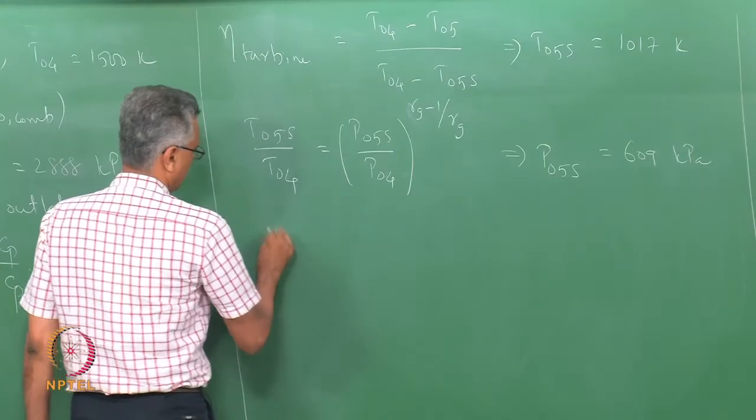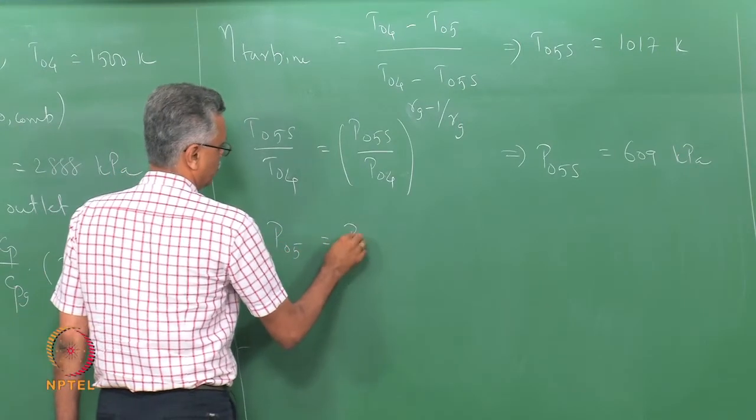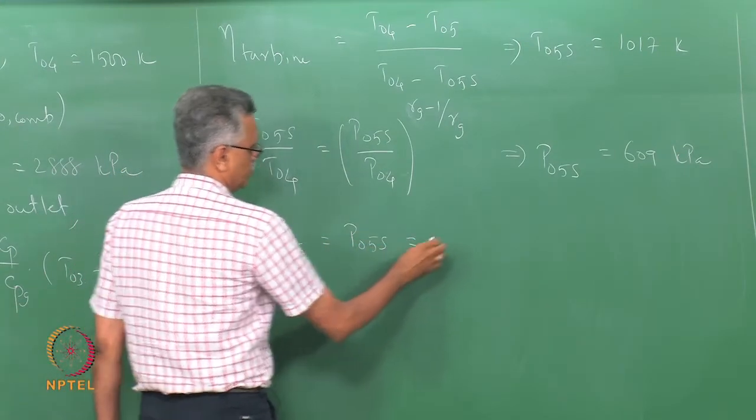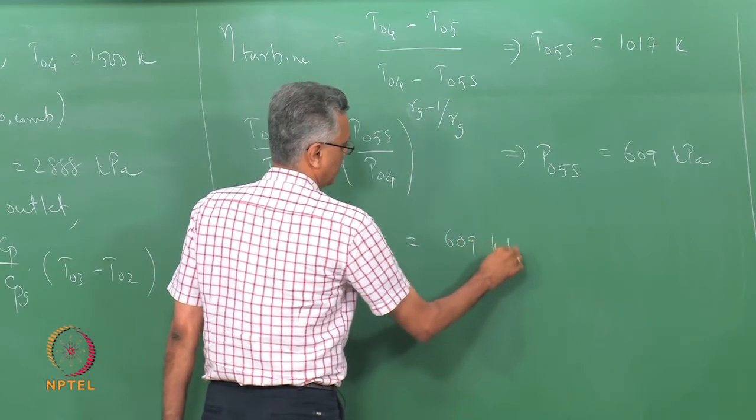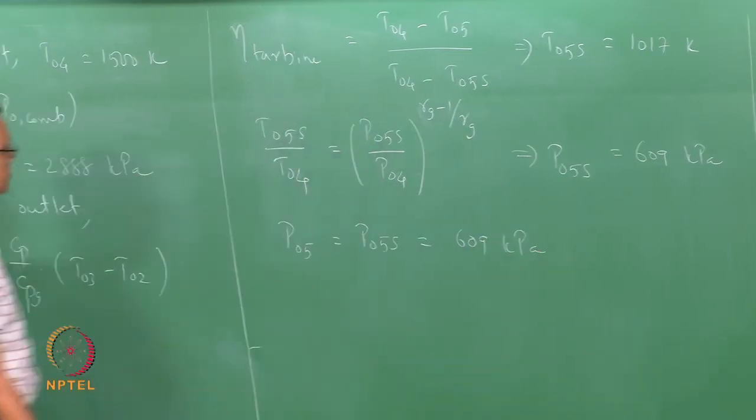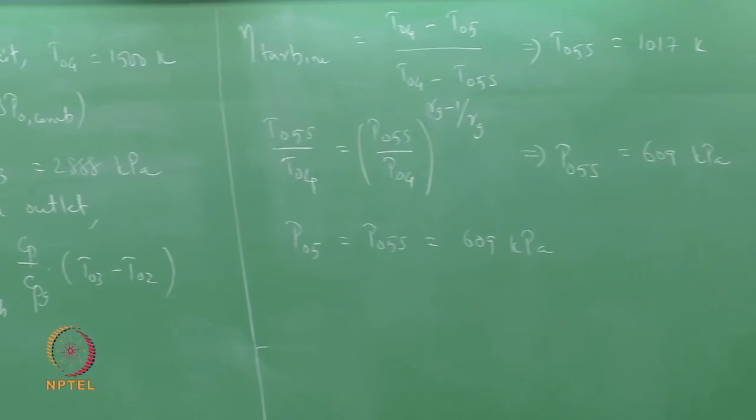You know that P05 is equal to P05S, so this is going to be equal to 609 kilopascal. So, we have T05 and P05.